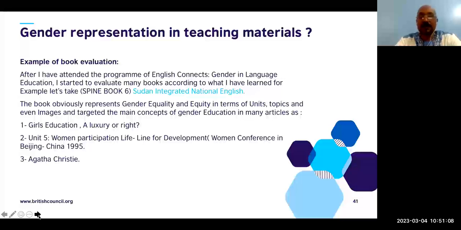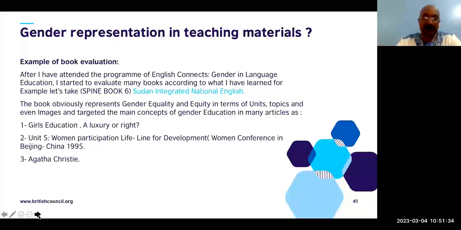The book obviously represents gender equality and equity in terms of units. And I try to make, for example, a comparison between the units and the topics that speak about gender, their representation in images, and the main concepts of gender education in many articles. This is what I like about this book.